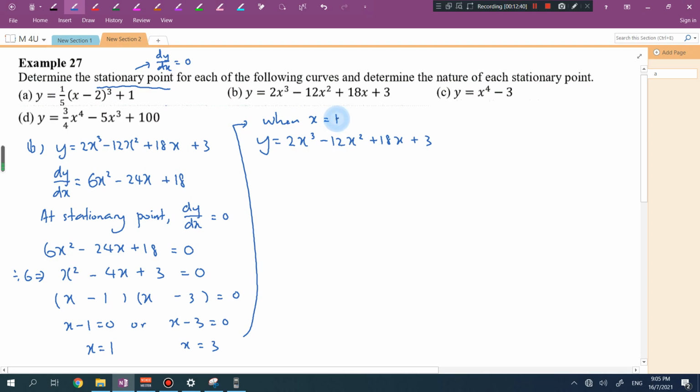So I'm going to substitute this value inside this function. All the x, I will change to 1. 2 times 1 to the power of 3 minus 12 times 1 squared plus... Okay, this one you can just press on your calculator.